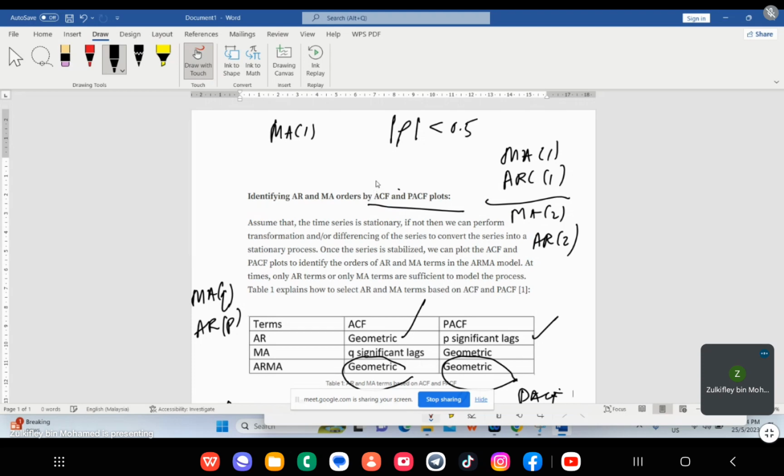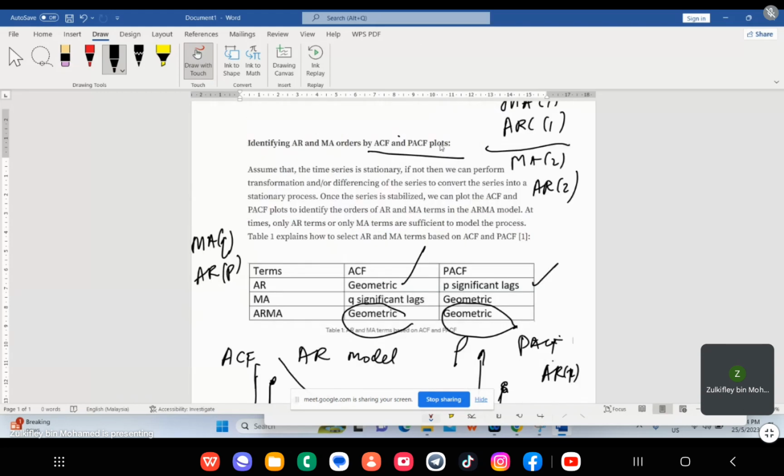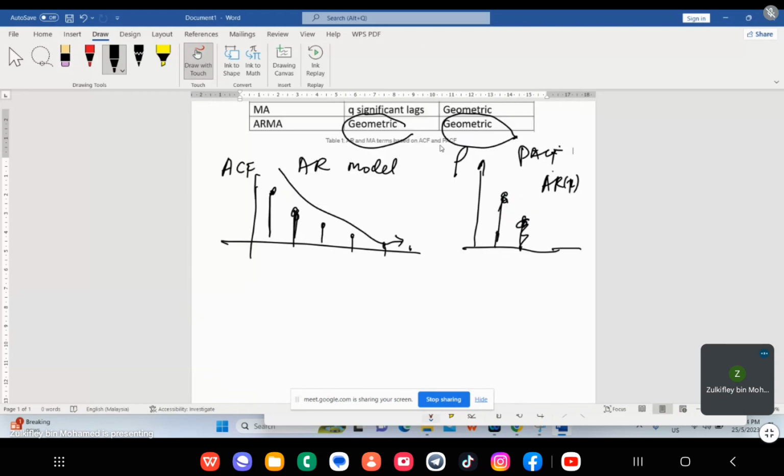Okay, MA1, must be less than 0.5. Kalau more than 0.5 dia ada masalah di sekitar model tersebut. Model tersebut disebut sebagai nama lain. So MA1 rho dia mesti less than 0.5. Sebab itu bila kita tengok tadi, rho for MA1 kebanyakannya less than 0.5. Theta tak apa, rho nya mesti less than 0.5.